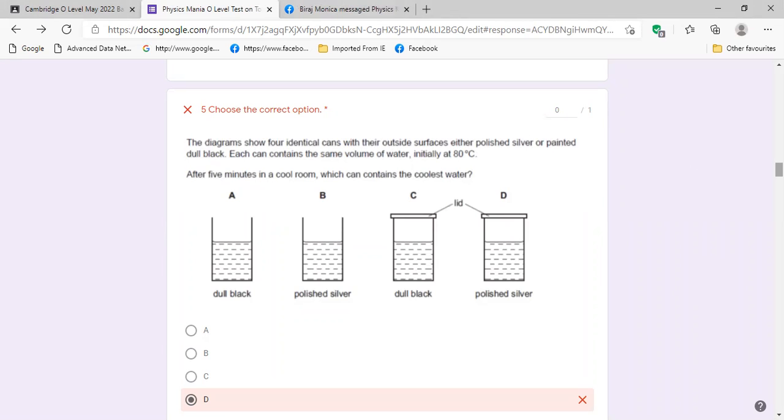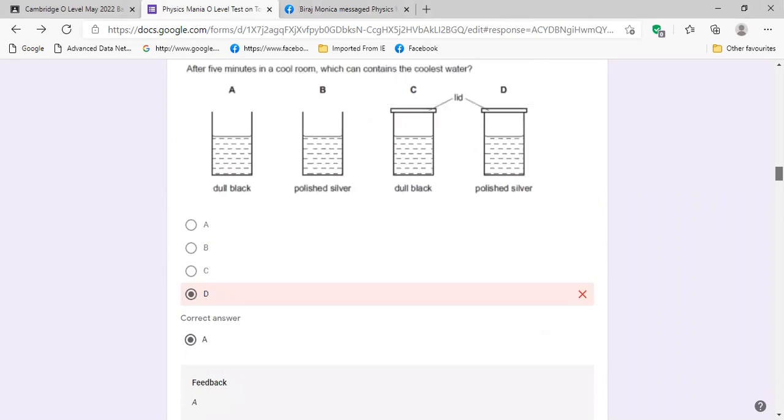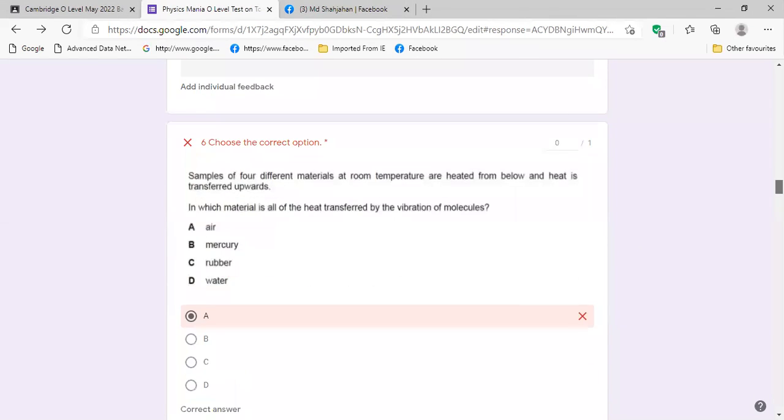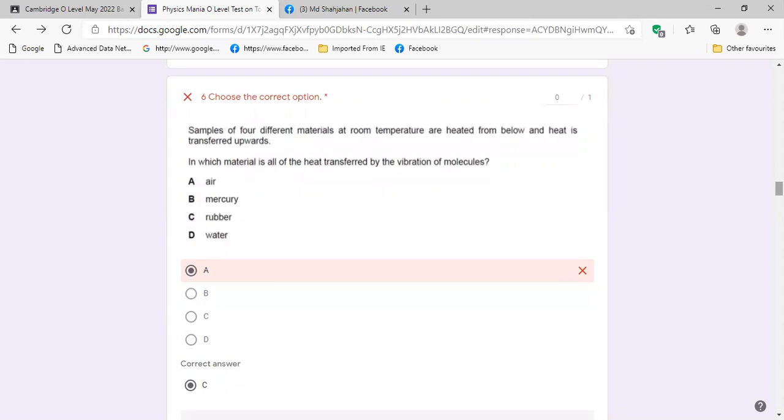Now we have the next, question number 6. Oh, it is also tricky. It's like the swing ball in cricket. So it's about the vibration of molecules, right?